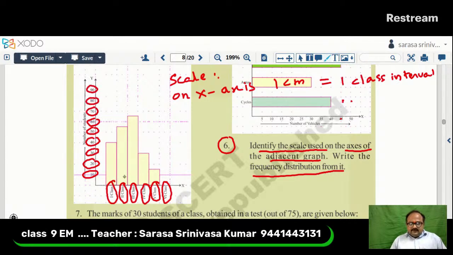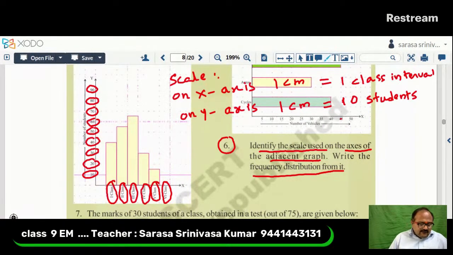That means on y-axis 1 centimeter equal to 10 students. 1 centimeter represents 10 students. 1 centimeter on y-axis equal to 10 students.